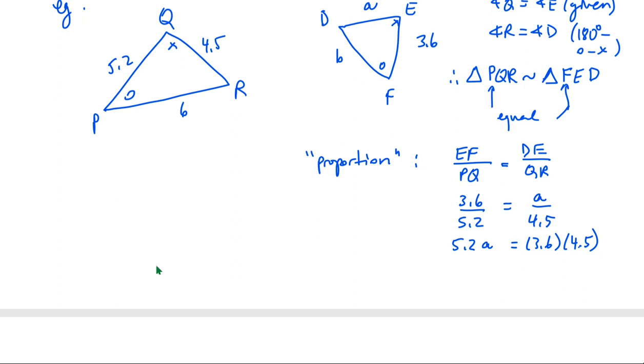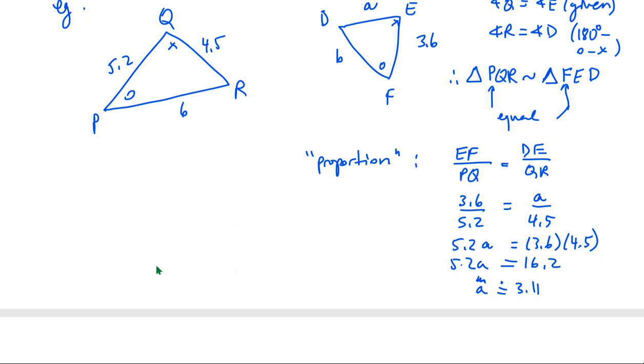Just in the calculator, sorry, just grabbing my calculator, 3.6 times 4.5 is 16.2. So 5.2A is equal to 16.2, and then I'm going to divide both sides by 5.2, and I get A is approximately equal to 3.11. Okay, whatever the units are.